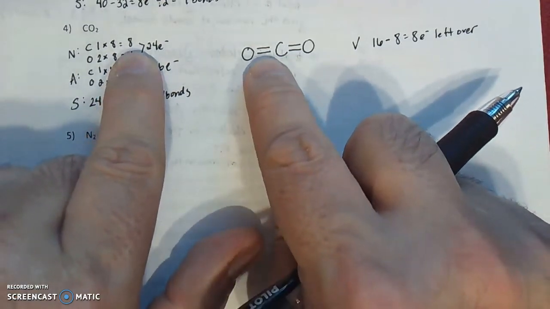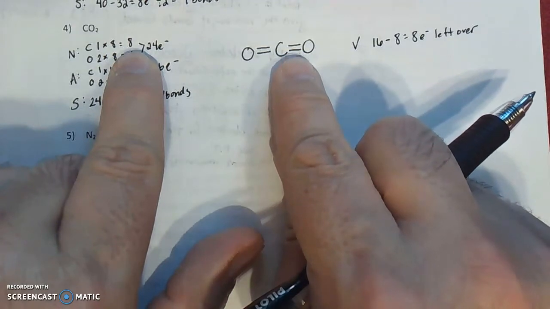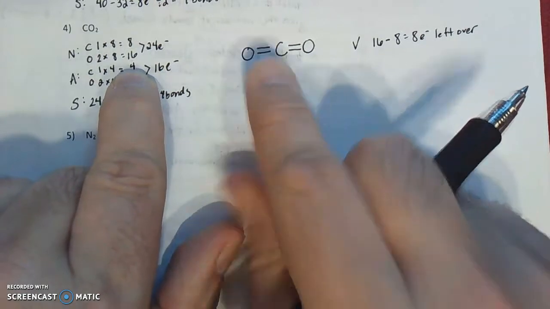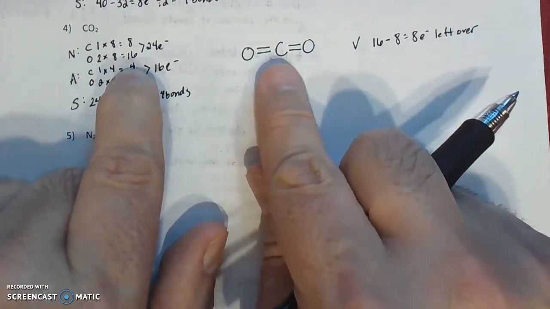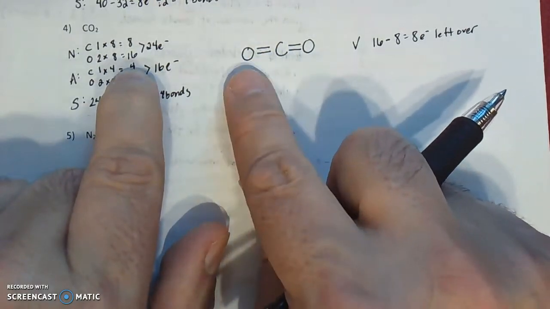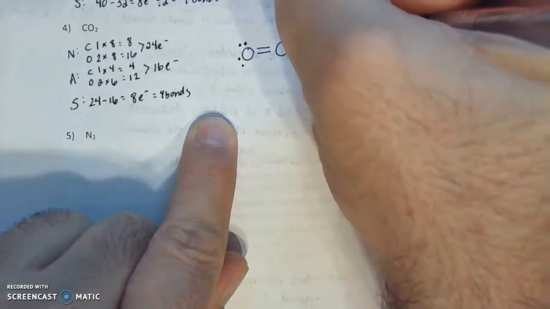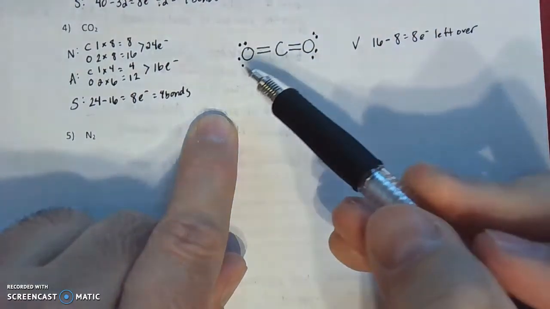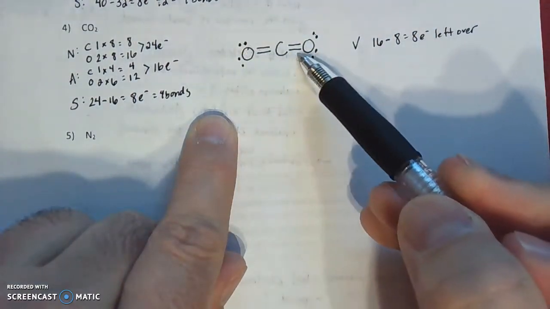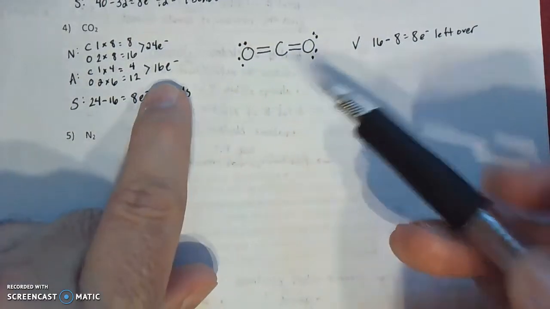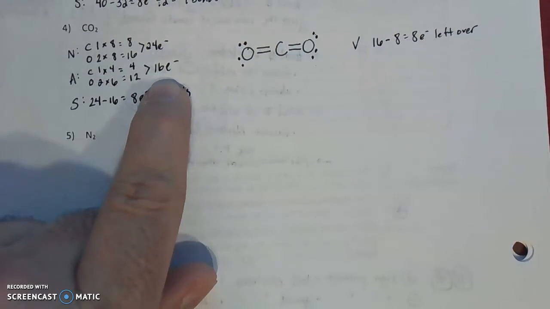Well, it has 1, 2, 3, 4, 5, 6, 7, 8 from the bonds, because remember, each line counts as 2 electrons. Each oxygen only has 4, so each oxygen needs 4 more. So we're going to put 2 pairs of electrons on each oxygen. So now we have 2, 4, 6, 8, 10, 12, 14, 16 electrons shown in the diagram. That's how many are available.